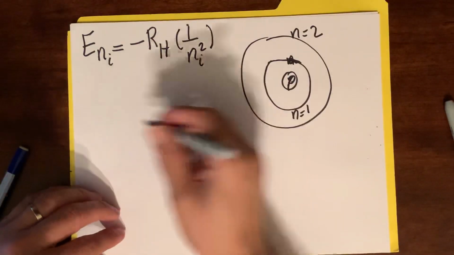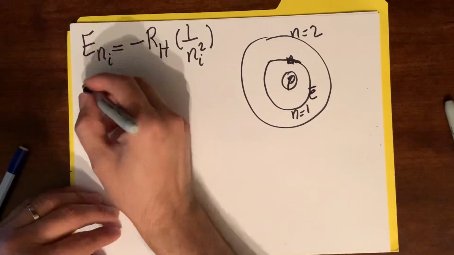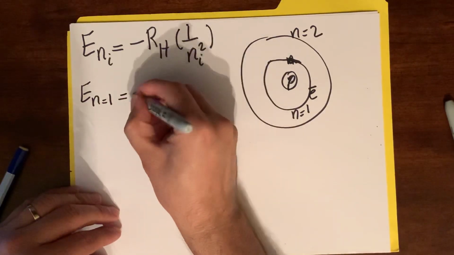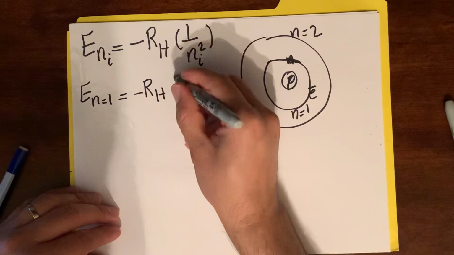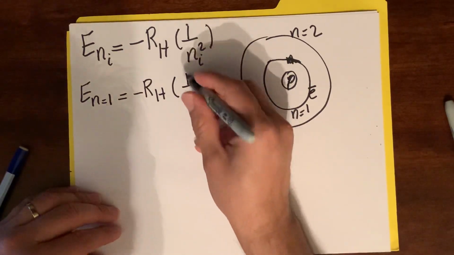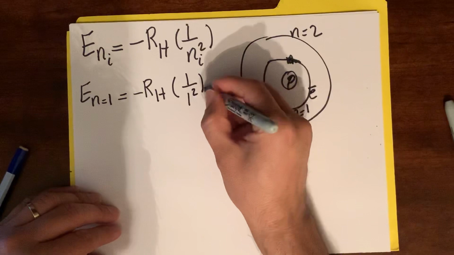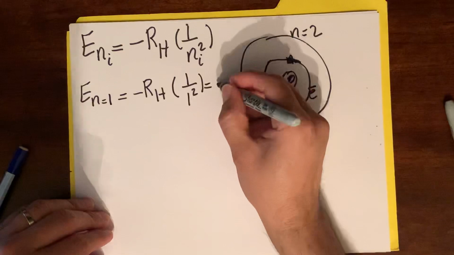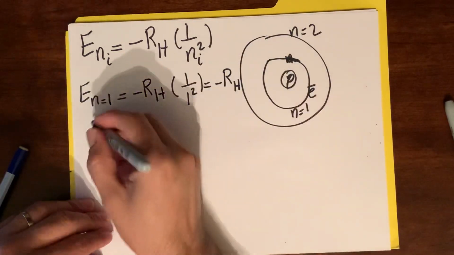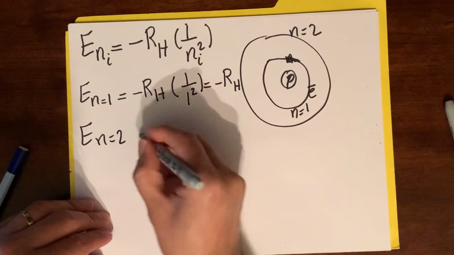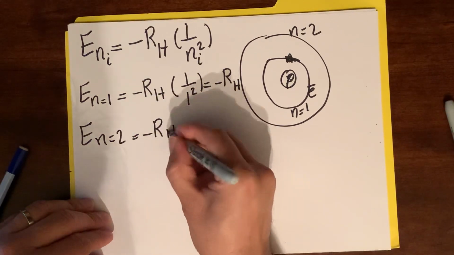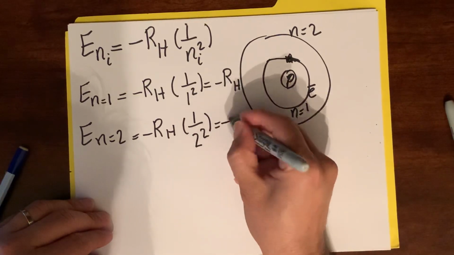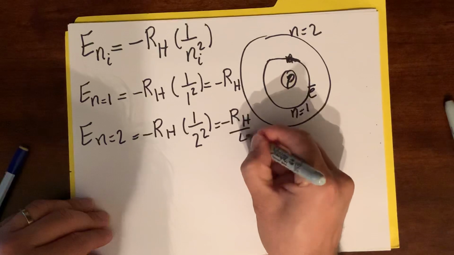For electrons that belong to n equal 1, energy is minus RH multiplied by 1 over 1 to the second, which is just minus RH. How about n equal 2? It will be minus RH times 1 over 2 to the second, which is minus RH divided by 4.